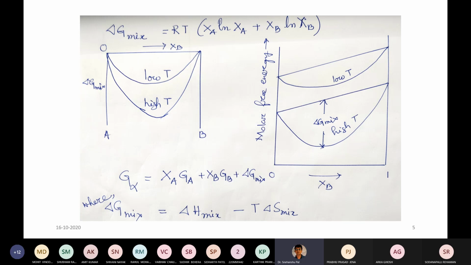And what you are seeing here is for the ideal solution. Ideal solution means del H mix equals 0, meaning A atoms and B atoms do not repel or attract each other. They can distribute independently, and they are equally likely to take a position at any available atomic site in the mixed system.